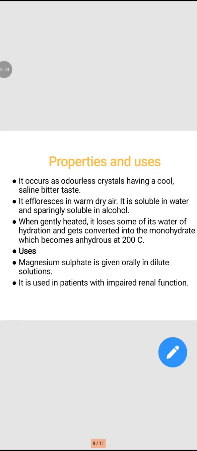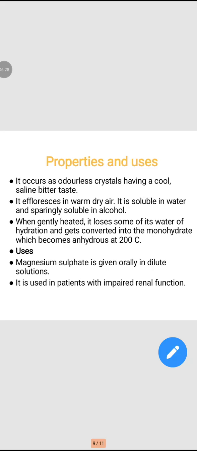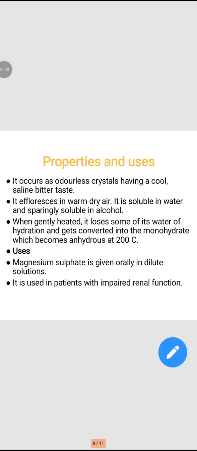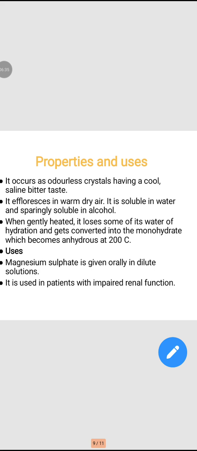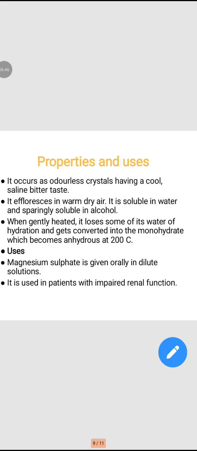Then uses. Magnesium sulfate is given orally in dilute solution. It is used in patients with impaired renal function.